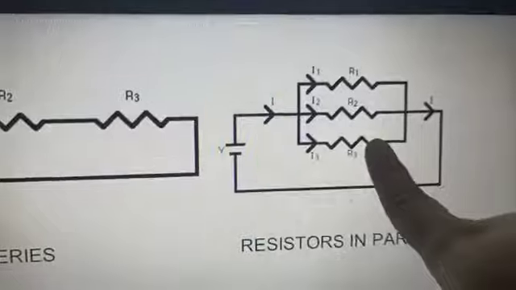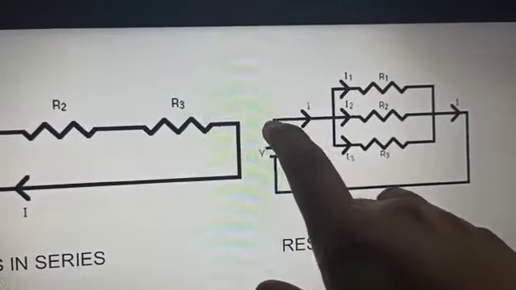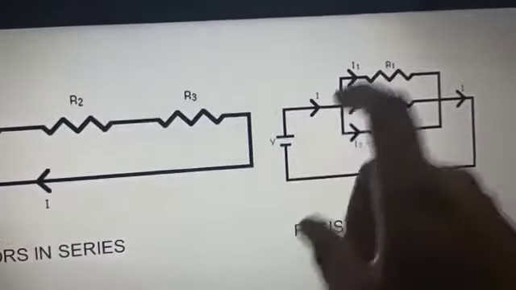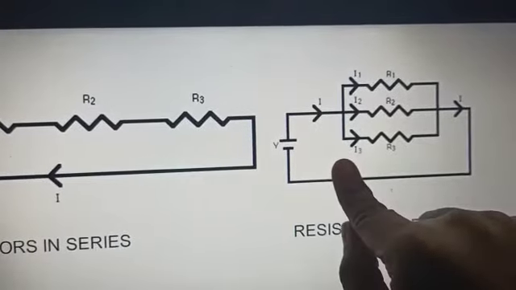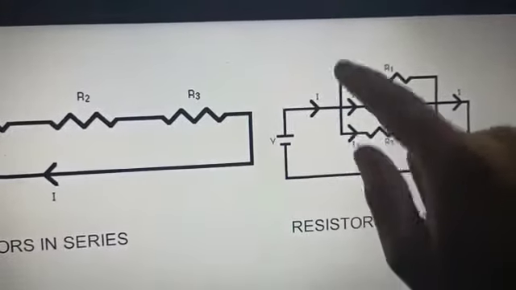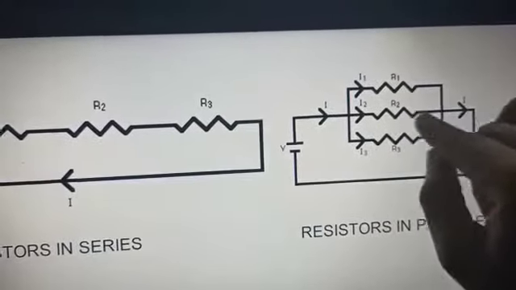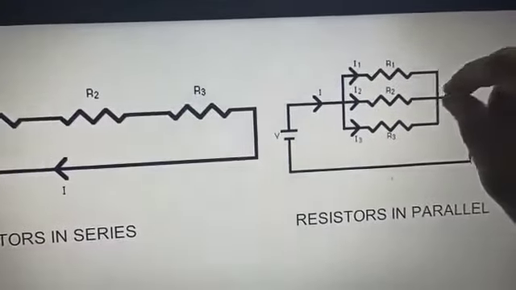When we look at resistors in parallel, the electric current comes out from the positive terminal. It comes here. Then this current I splits into I1, I2 and I3. It splits into three different currents. Then each current individually moves into each of the paths, and then it all adds up and comes out as a common I again.